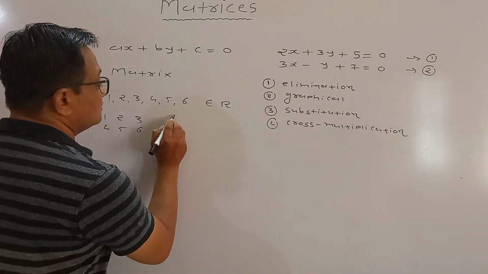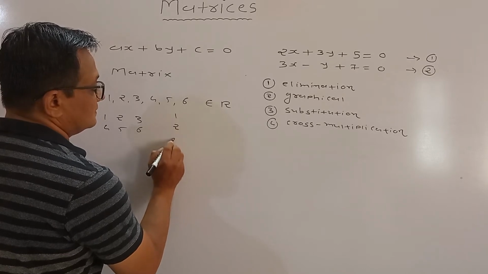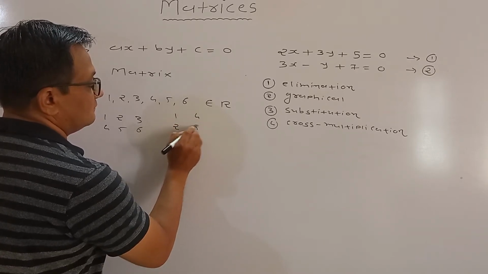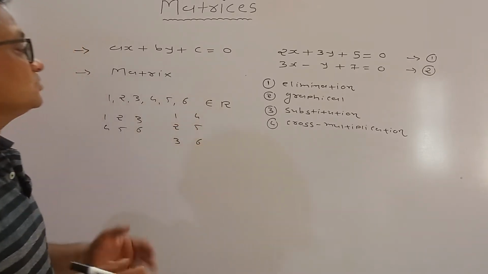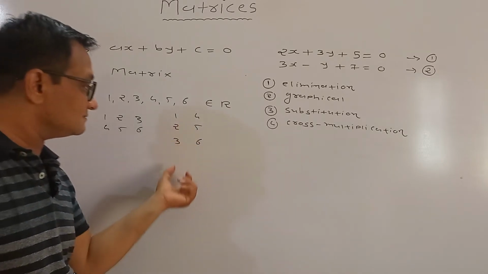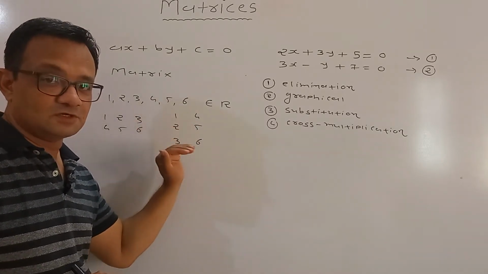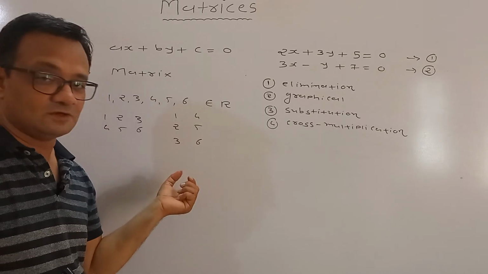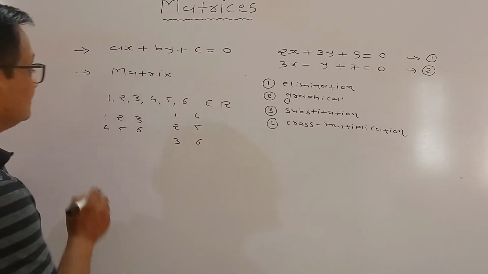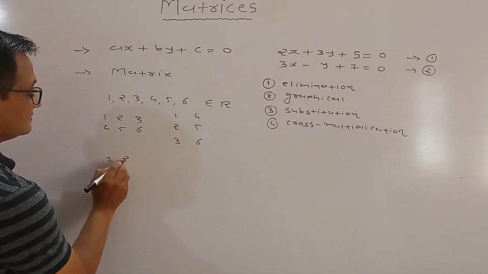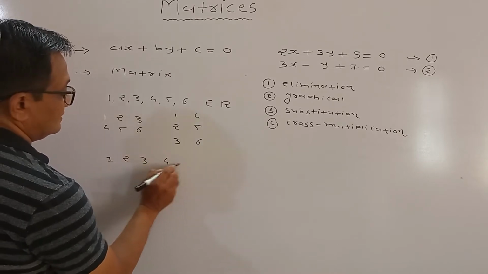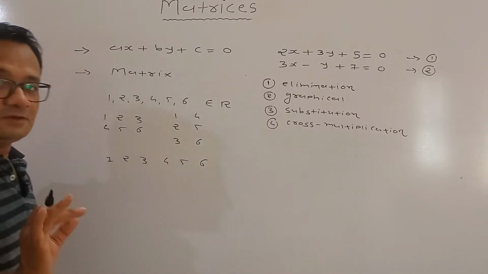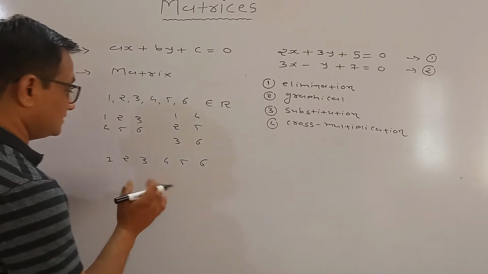I can also arrange these 6 numbers as three rows and two columns, or in only one row: 1 2 3 4 5 6.